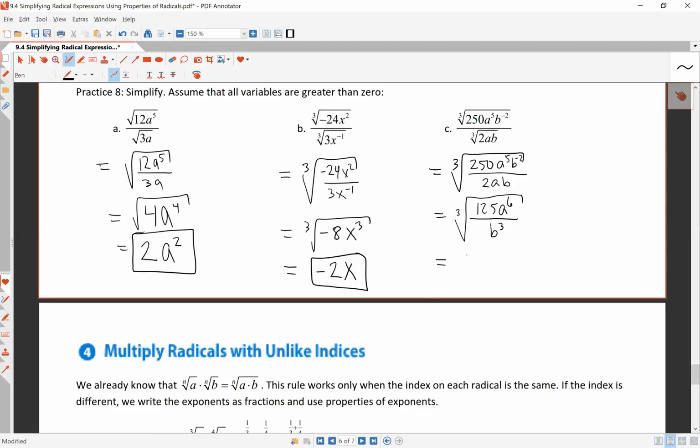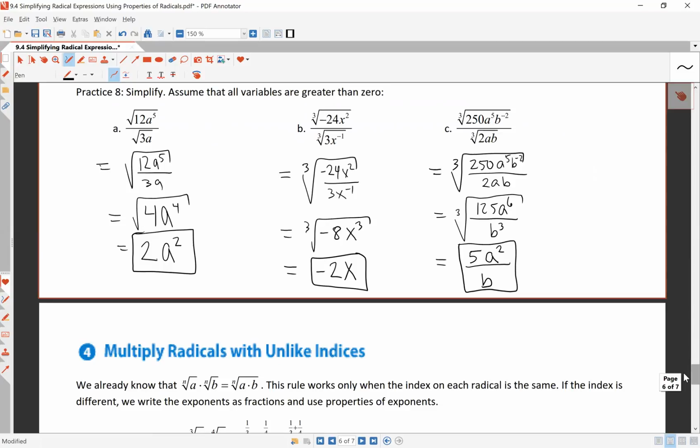Cube root of 125 is 5. Cube root of a to the 6th, 6 divided by 3 is 2, so they all come out. And cube root of b cubed, 3 divided by 3 is 1, and we're just left with the b. 5a squared over b.